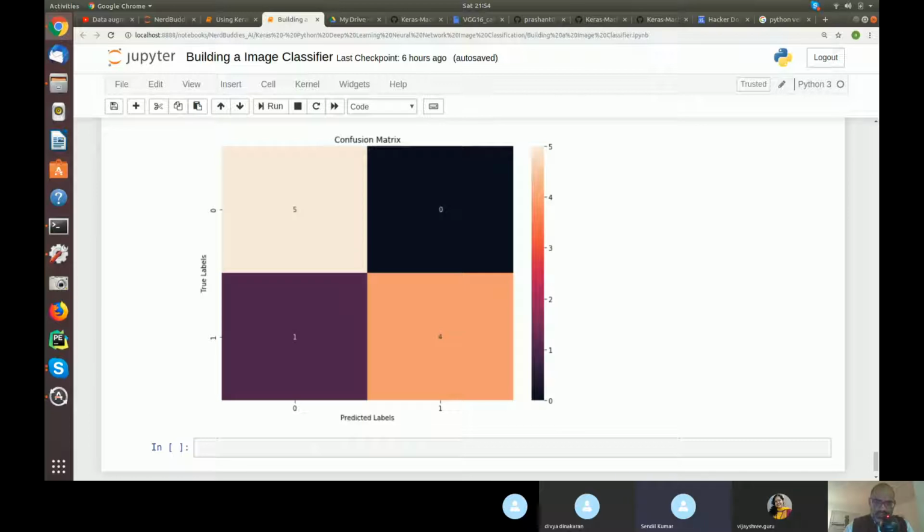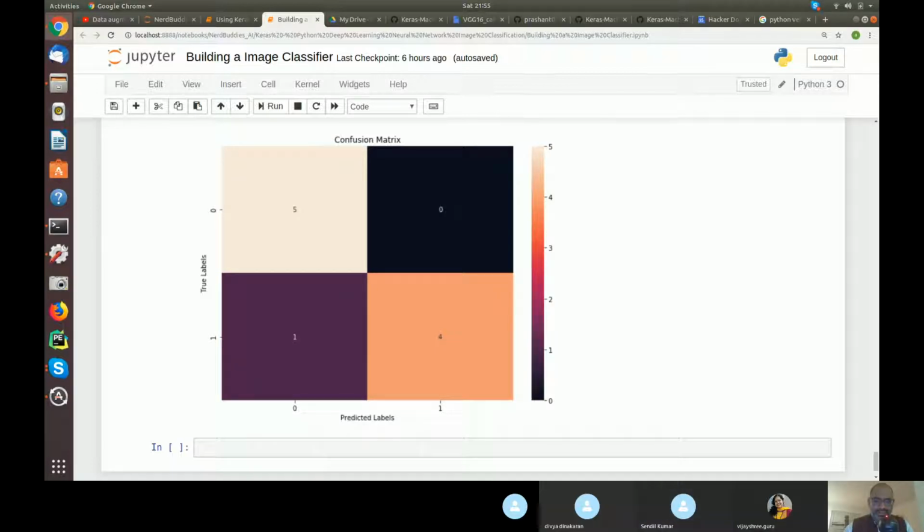So just to go through the confusion matrix again. On the x-axis, we have the labels that were predicted, 0 for cats, 1 for dogs. And the true labels are on the y-axis, so 1 for dogs, 0 for cats. The diagonal is what was correctly classified.